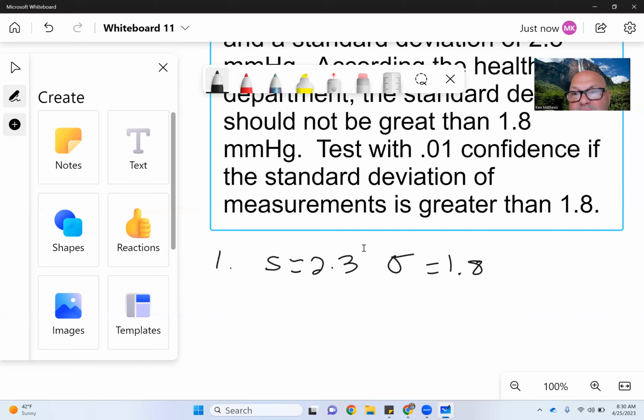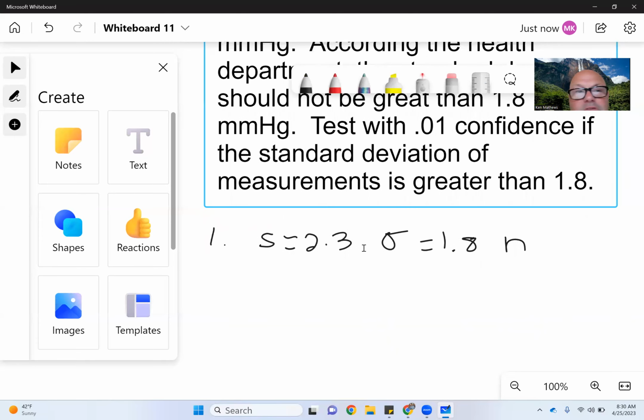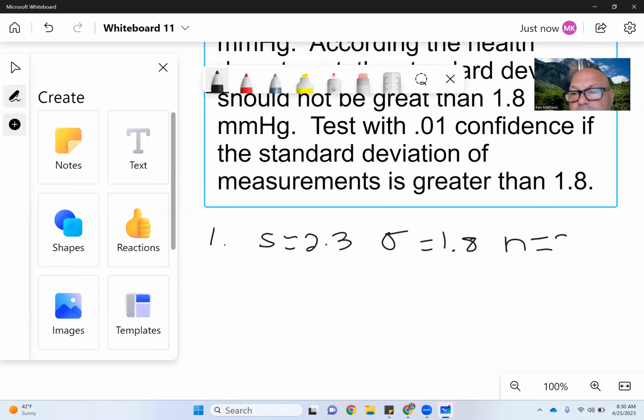Our sample size was 89. All right, so we're testing to see if our sample is greater than the 1.8. So that means it's going to be a right tail chi-square test.